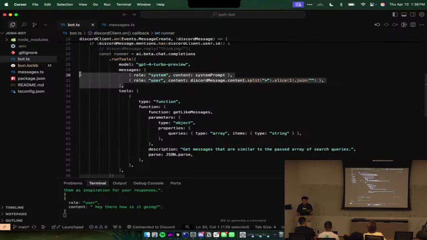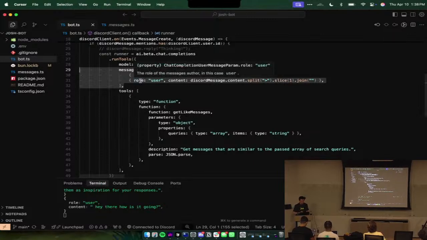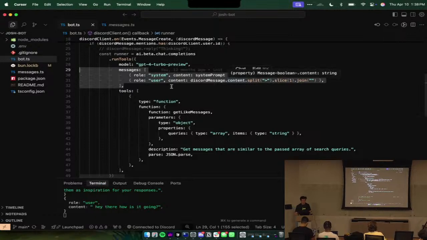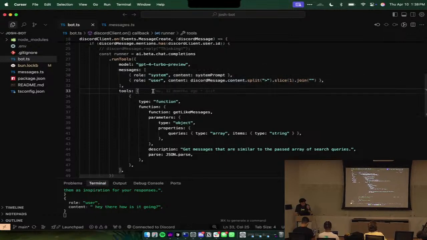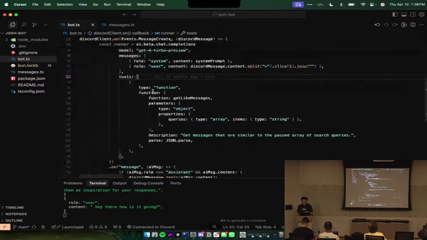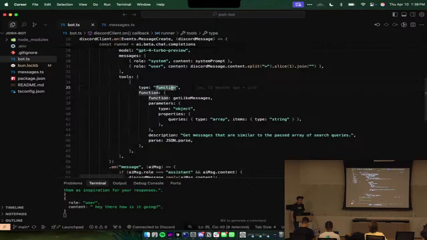And then we also define some messages here. These are essentially the system message that we defined above, and also the message that we just got from the user, which we do some basic formatting on and add into the messages array here as the user. We also provide it with some tools. We say that the type of this tool is a function, which means we're giving the model a function that it is able to call at any time to help it generate its response and get more data.